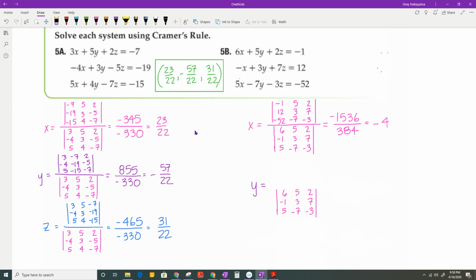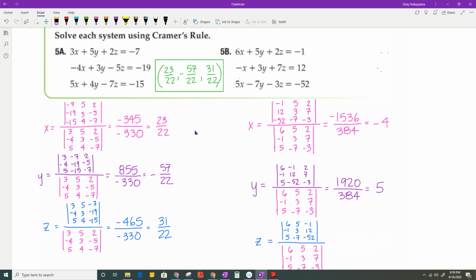For y, the bottom is the same, and the y coefficients, my middle column, are different. And z, again, the bottom is the same. The last column on top is replaced with my constants, and I get an answer of negative 1. So my answer to this problem is negative 4, positive 5, and 1.